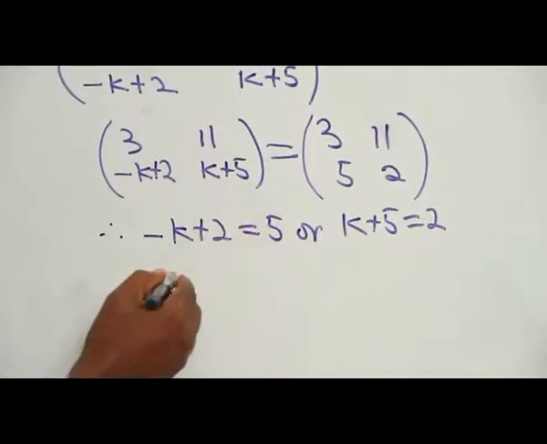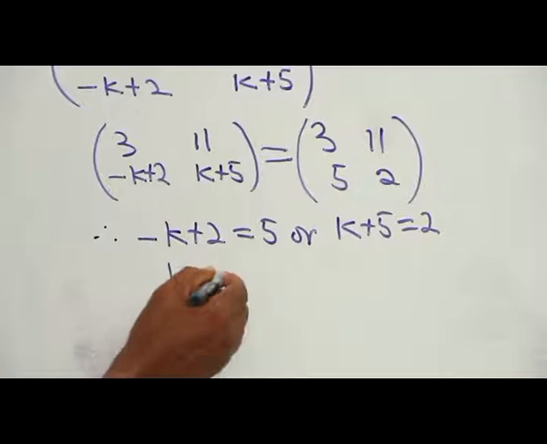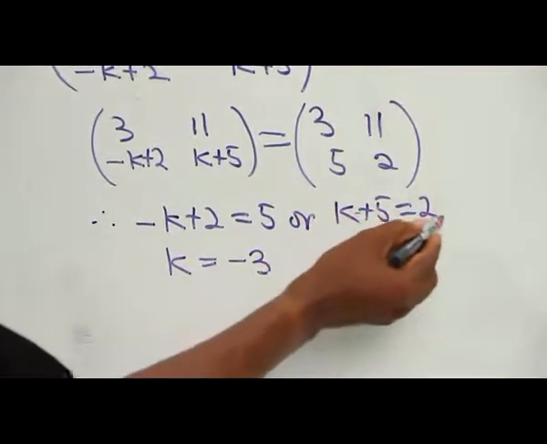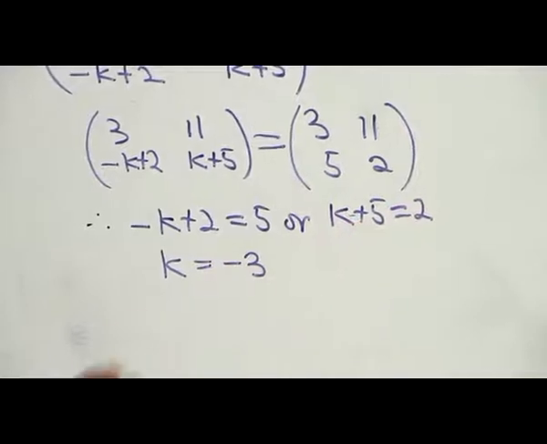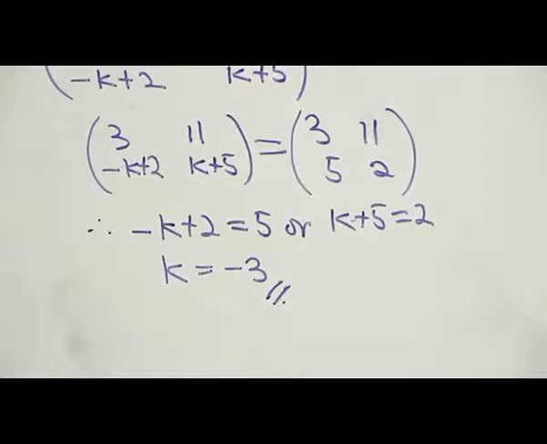In this wise, your K will be equal to minus 3. Even if you use this, your K will be equal to minus 3. So the result is K equal to minus 3.